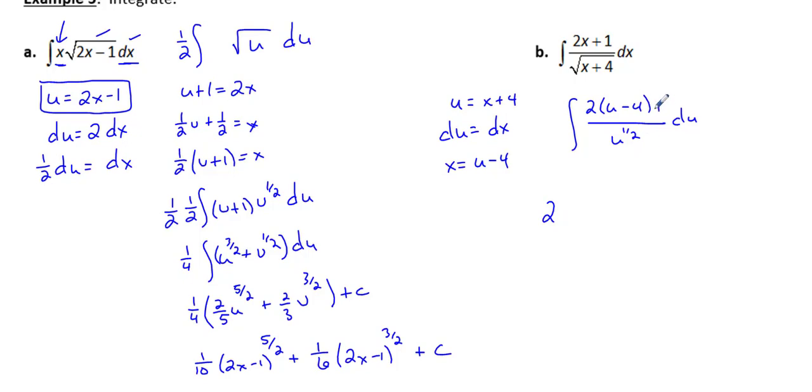Then we can't take the 2 out in front, can we? All right, distribute. And then probably bring the u up. So we'd have parentheses 2u minus 8 plus 1, u to the -1/2 du.